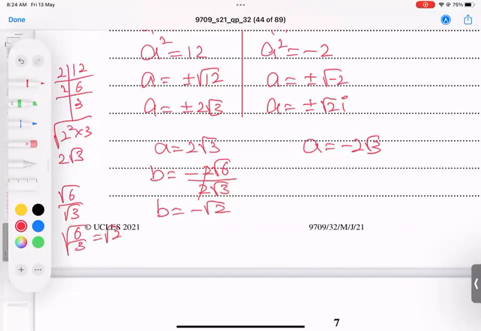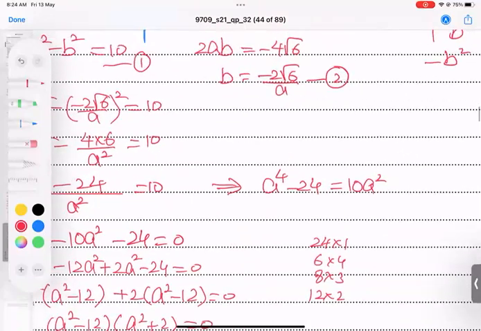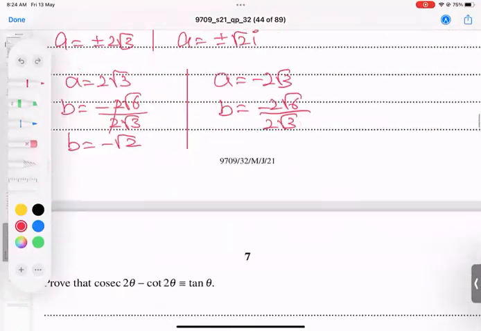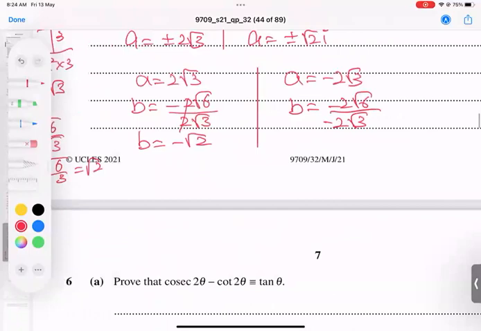So it means that if A value is this, B value is this. And with a similar approach, if I keep this value in that formula, B becomes negative 2 root 6 by 2 root 3. And this time, let me check this. Yeah, negative, because this is a negative value. So I'll write here negative this way. So now it becomes positive root 2.